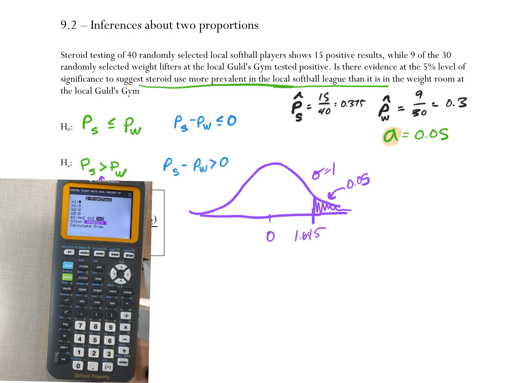All right. When it asks for x1 and n1, it does matter which one you put in first. Which one should we put in first? S, the one that we wrote first, yes? So 15 and then 40, okay? And then 9 and 30.